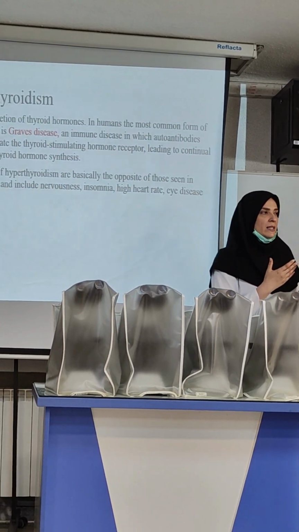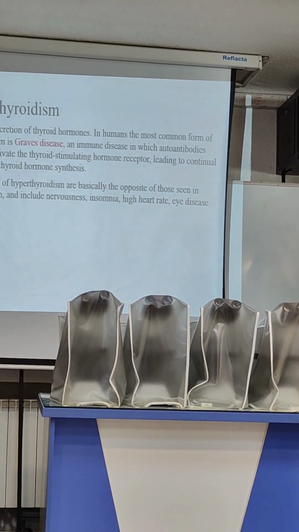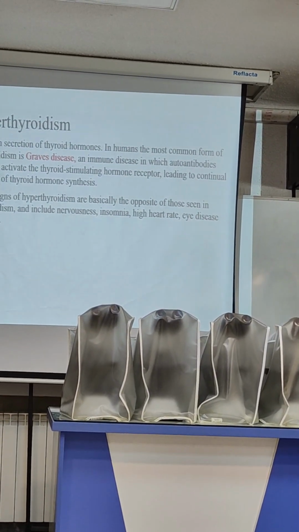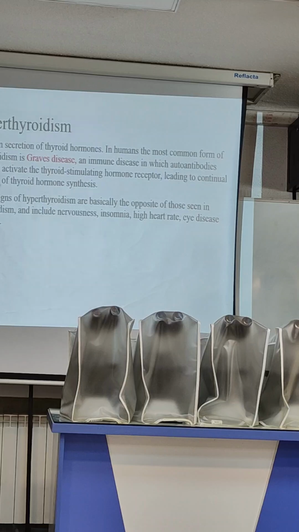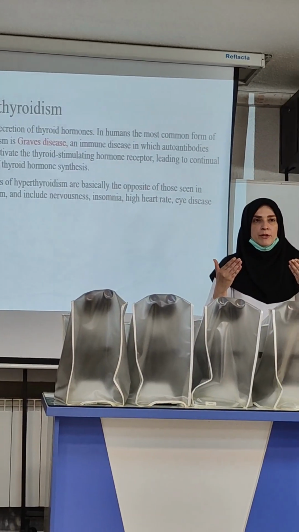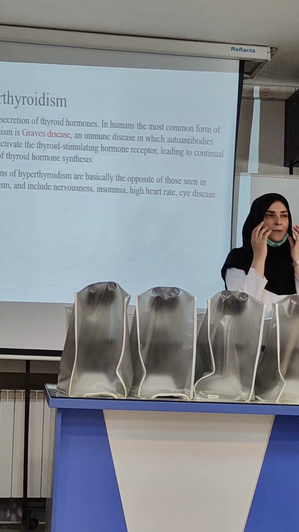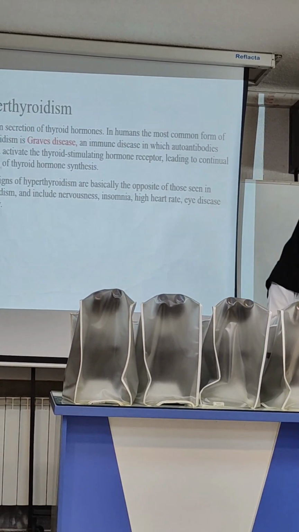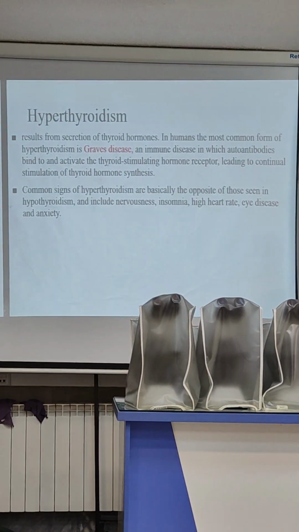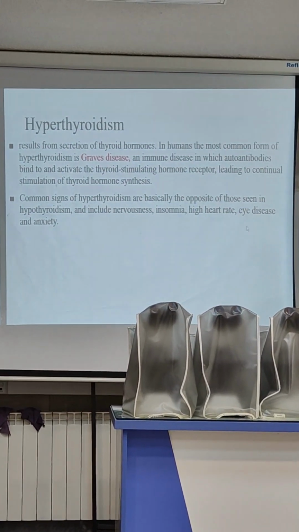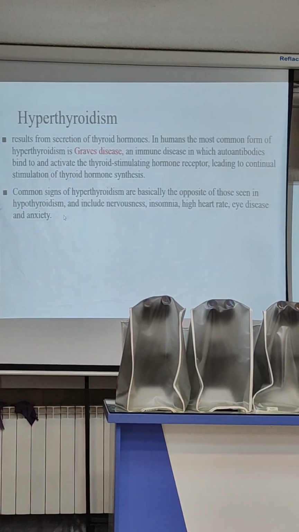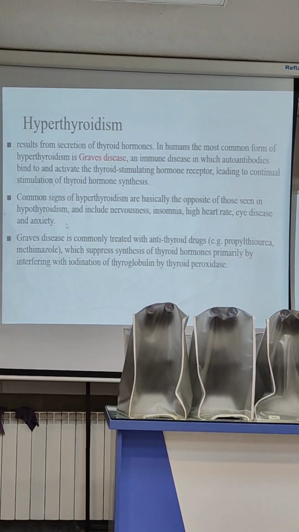Because they produce a large amount of ATP, resulting in heat, they produce heat all the time. They have a red face in severe cases. These are simple symptoms of hyperthyroidism. They have a high heart rate, eye disease and anxiety.